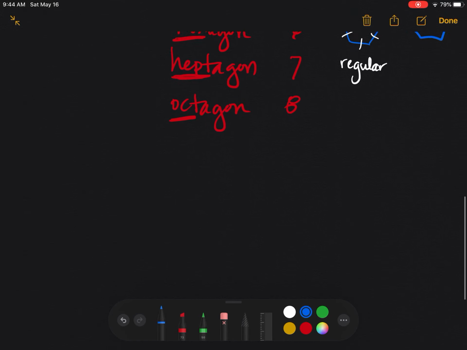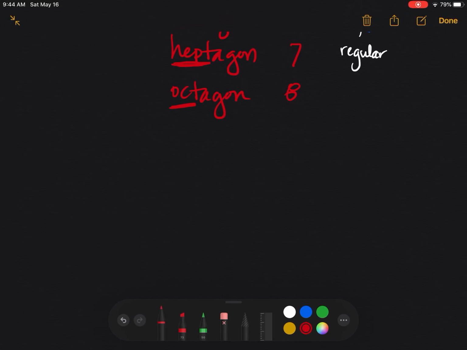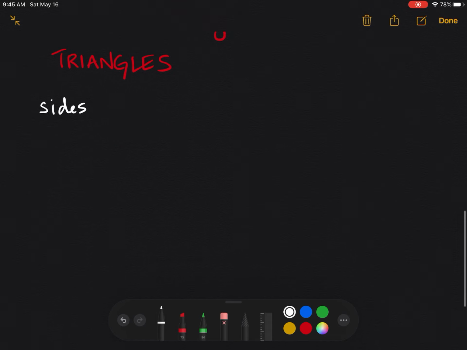Now, I want to talk a little bit more about triangles. There are 2 different ways that we can name triangles. We can label them by their sides, or we can label them by their angles. Okay? The sides, there are 3 different names. Either none of the sides are the same length.